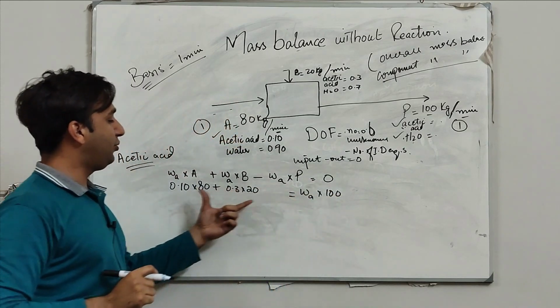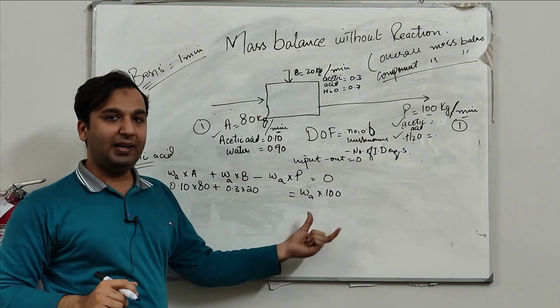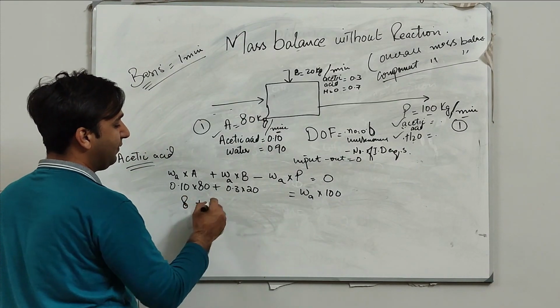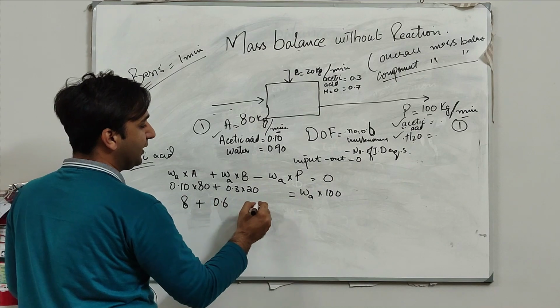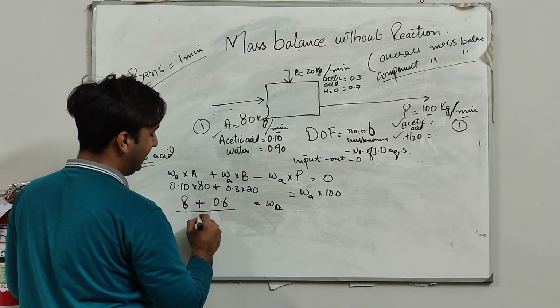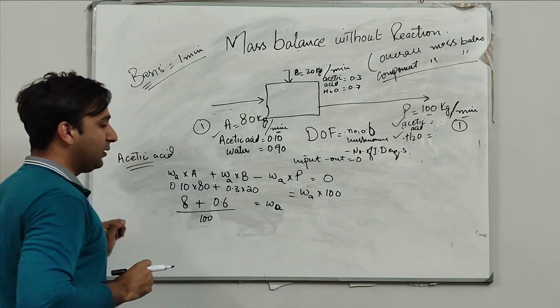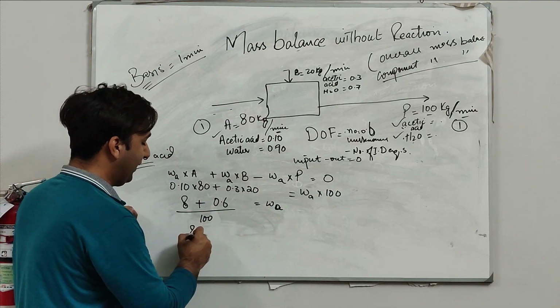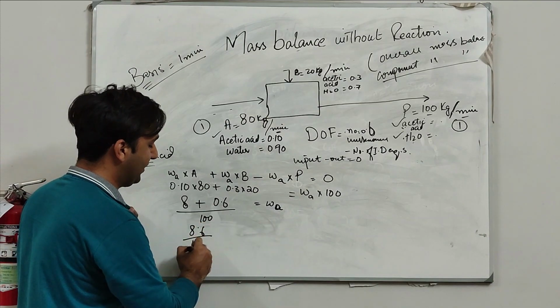So now you have defined an equation. It will be 8, it will be 0.6, and it will be WA, and you can divide it by 100.